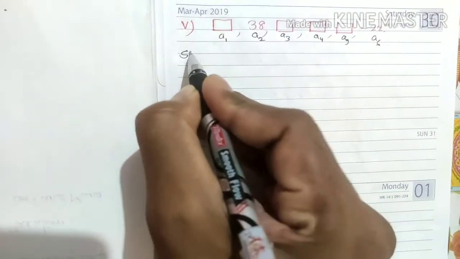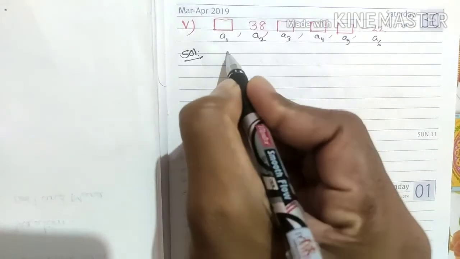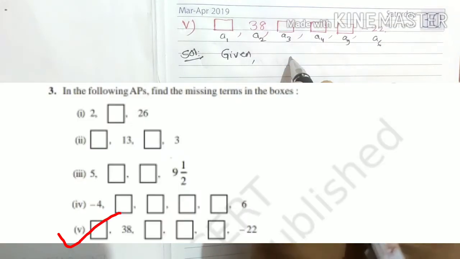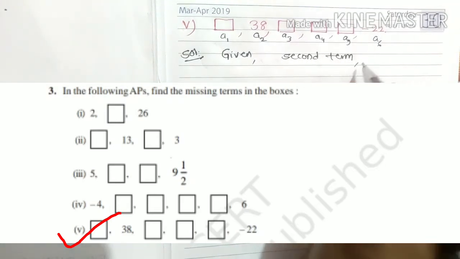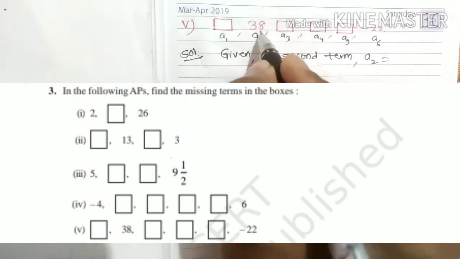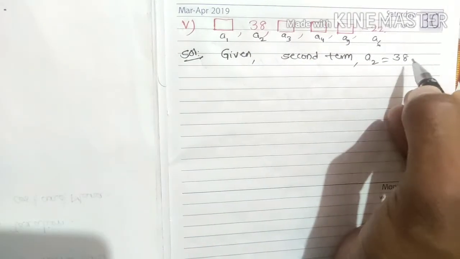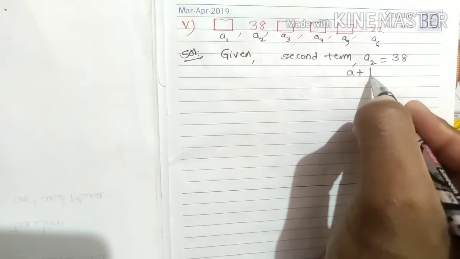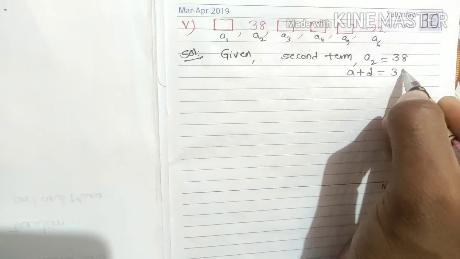In the solution, first we will write what are the given things. The second term is represented by A2, that is equal to 38. A2 is nothing but A plus D equals 38.